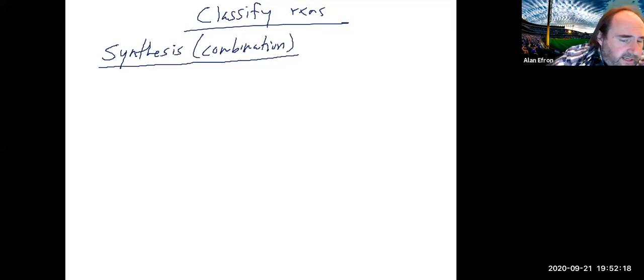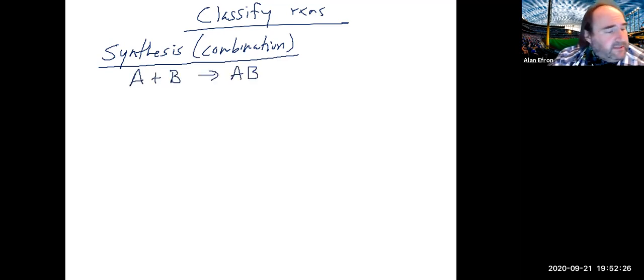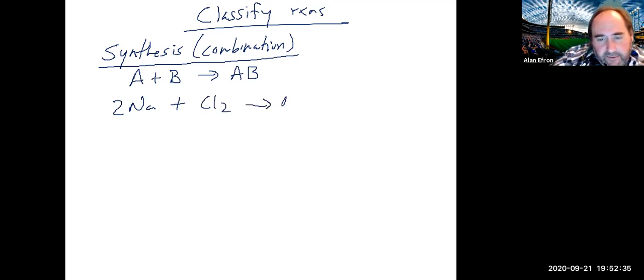Much like the name implies, synthesis or combination, the way you recognize it is you take 2 things and you make 1 thing. So 2 things come together to make 1 thing. For example, if I took some sodium metal plus some chlorine gas, I get some sodium chloride, put a 2 there. 2 things make 1 thing, classic combination or synthesis.